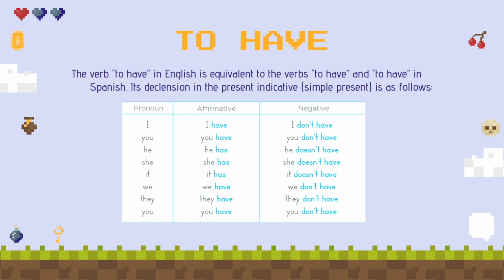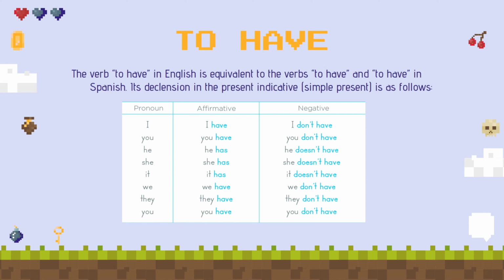Good. To have. The verb to have in English is equivalent to the verbs haber and tener in Spanish. Its conjugation in the present indicative, simple present, is as follows. Pronouns: I, you, he, she, it, we, they, you. Affirmative: I have, you have, he has, she has, it has, we have, they have, you have.